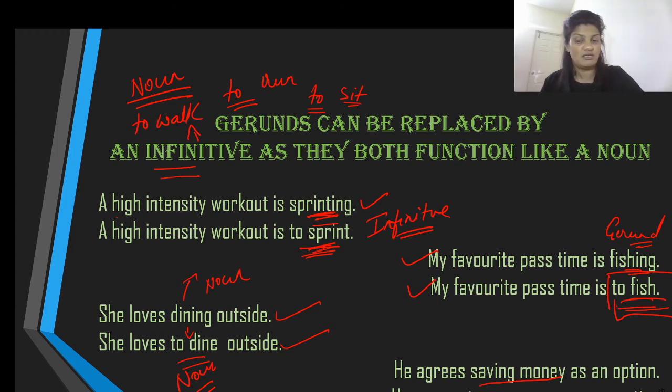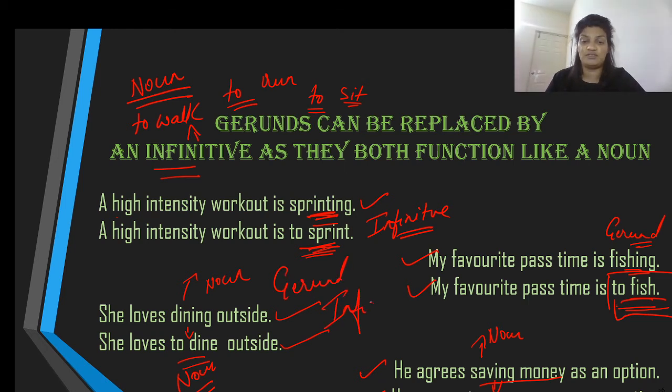No change in the meaning whatsoever. The meaning has remained intact, the statement has remained intact, the nouns have remained intact, except for the gerund being converted into an infinitive. So this tells us that a gerund can be easily converted into an infinitive without changing the meaning of the statement.